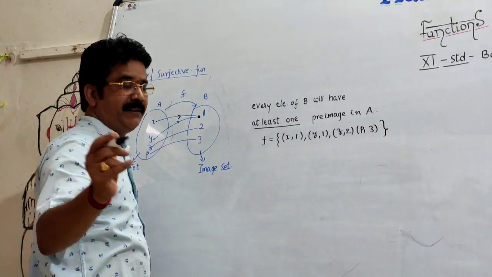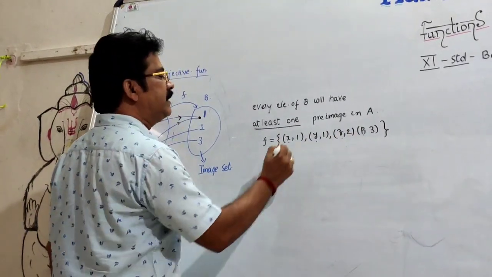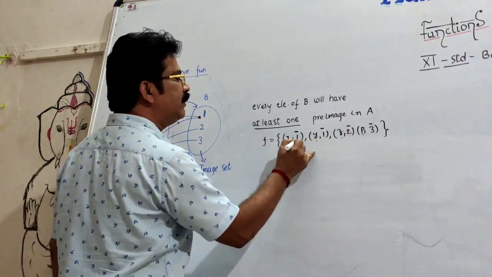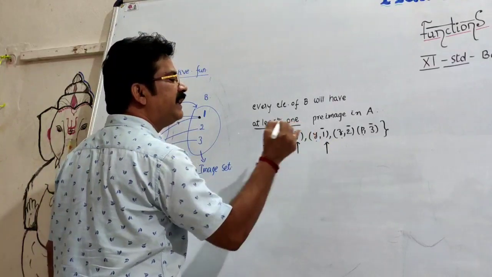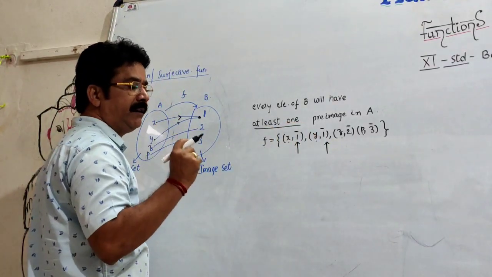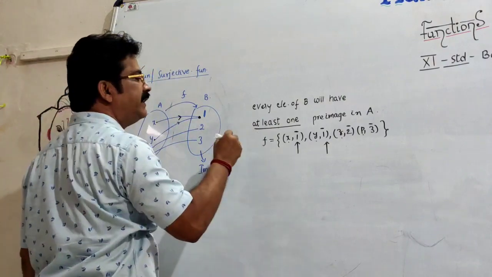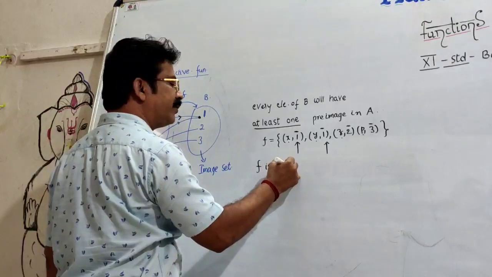So therefore clearly we see that this is the first coordinate. Next these are the second coordinates. Here second coordinate means in the second coordinate one number is repeated. That kind of functions are said to be onto function. This kind of function f is called onto function.